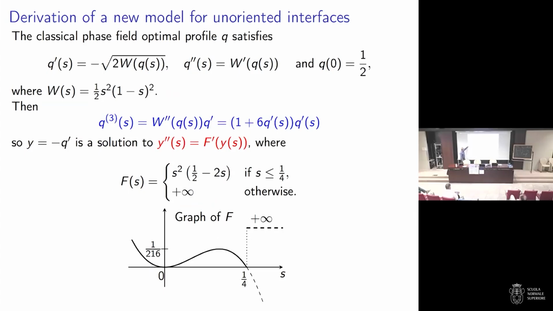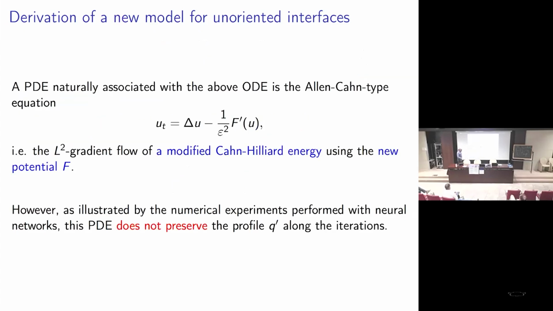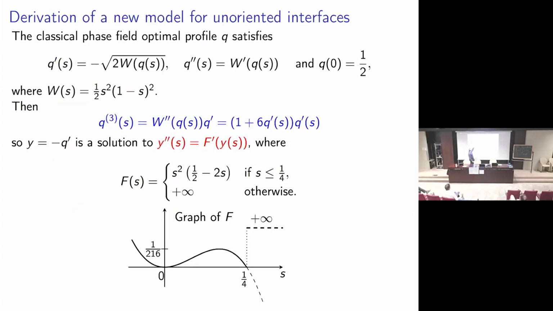So it means that minus Q prime is a solution to this second order equation where F now is not the double well potential I mentioned before, but it's a potential with two wells, fine. But you see that here the derivative is 0, but not there. So that's the major difference if you compare with W, where really you have this smooth double well, etc.